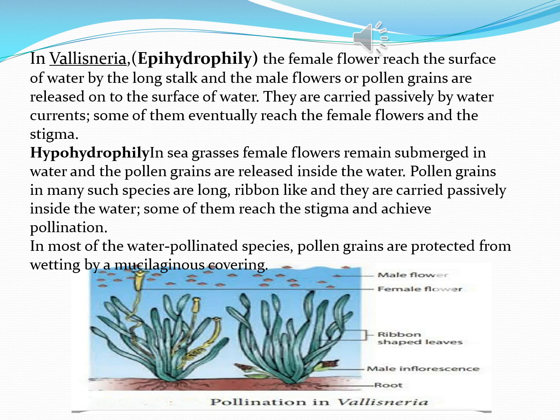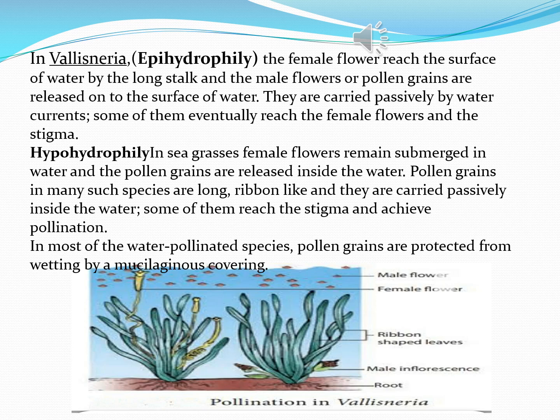We can find both male and female plants. Female plants consist of female flowers with an elongated stalk, which is highly coiled. When matured, it becomes elongated and comes to the surface of the water.